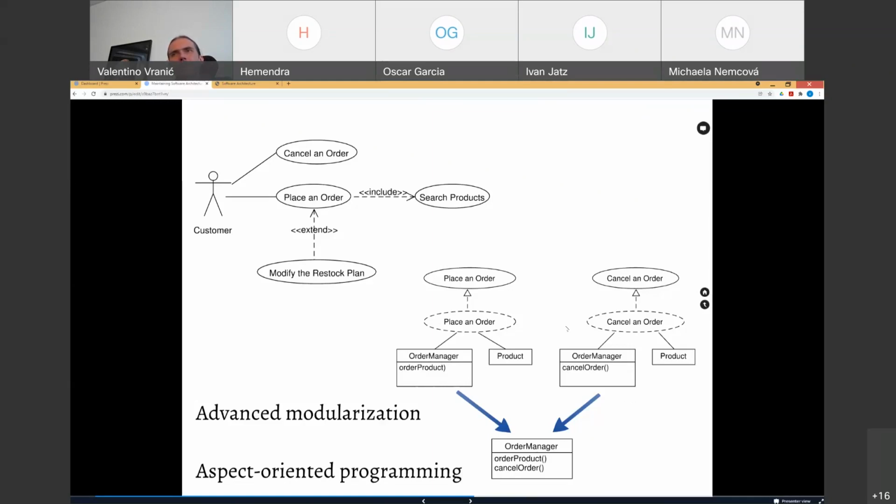And there are attempts to resolve this by providing dynamically different views of software systems. So at one moment you can see them like this through the place order use case, and see all that there is to this use case, maybe even in one file that would be generated and editable.